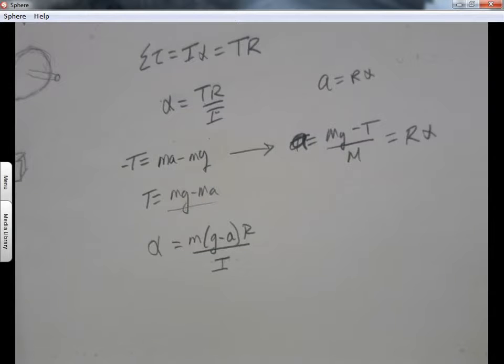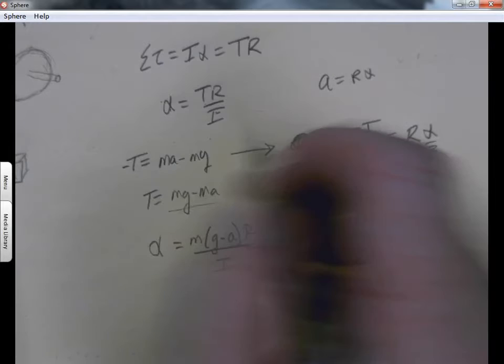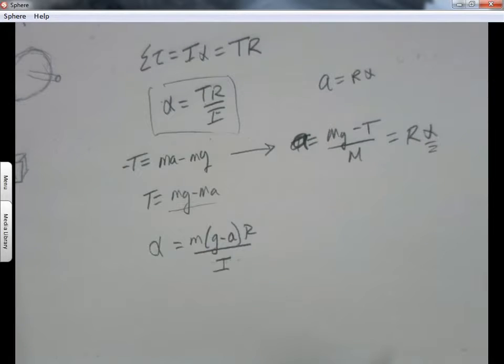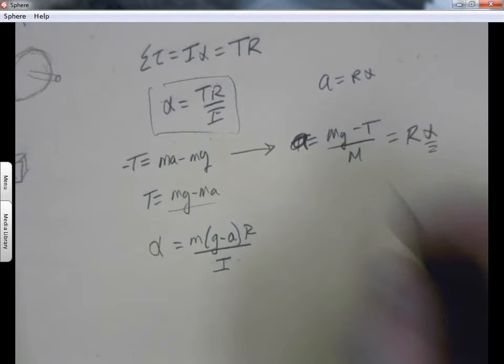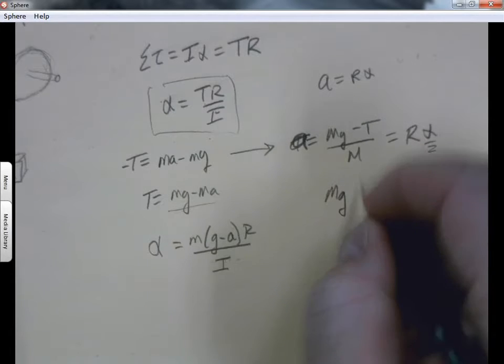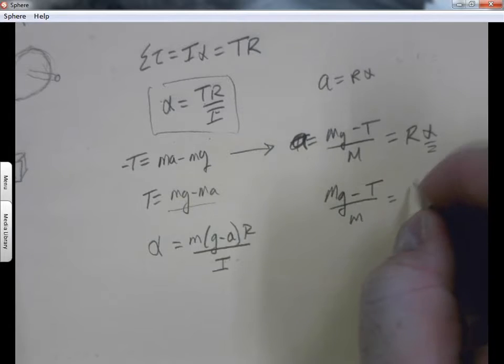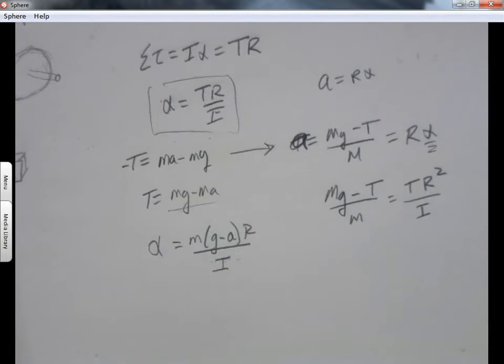But what was alpha? T r over I, so a equals T r squared over I. Now we can actually solve for T. So mg minus T over m equals T r squared over I. Follow me there?